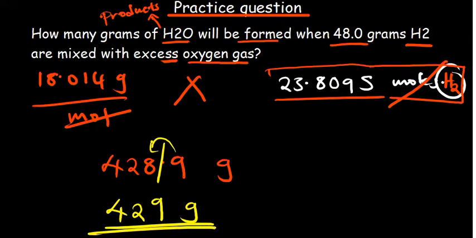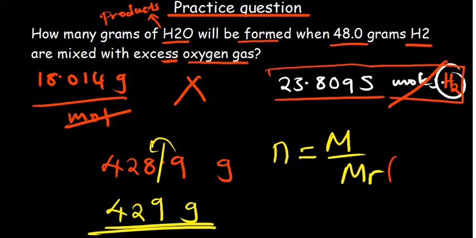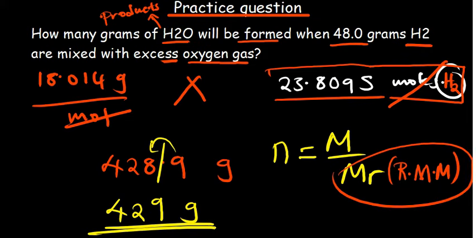So in summary, the formula that we've come up with is that the number of moles is mass over molar mass. The molar mass can also be the relative molecular mass in case of a compound, or relative formula mass. We calculated the relative molecular mass of water, and then determined the number of moles using the equation, so we're able to find the mass.